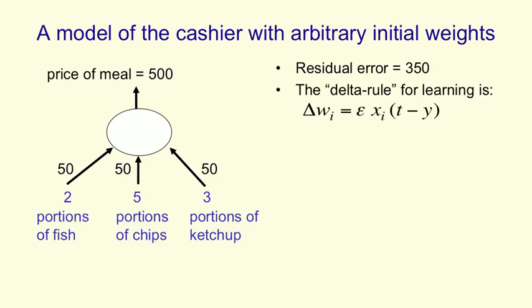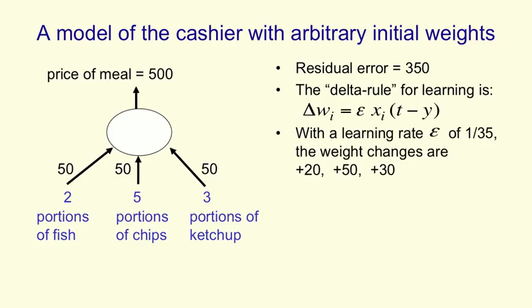We're then going to use the delta rule for revising our prices of portions. We make the change in a weight, delta Wi, be equal to a learning rate, epsilon, times the number of portions of the ith thing, times the residual error, the difference between the target and our estimate.